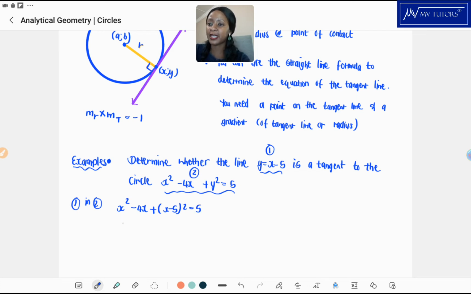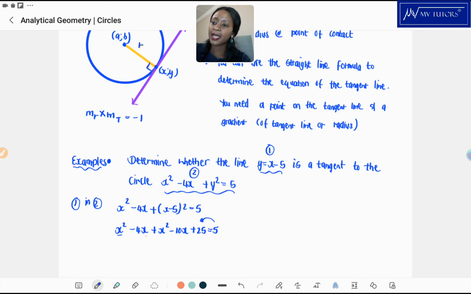If I solve for x, I will have x squared minus 10x plus 25 is equal to 5. I'm going to bring this 5 over to that side.